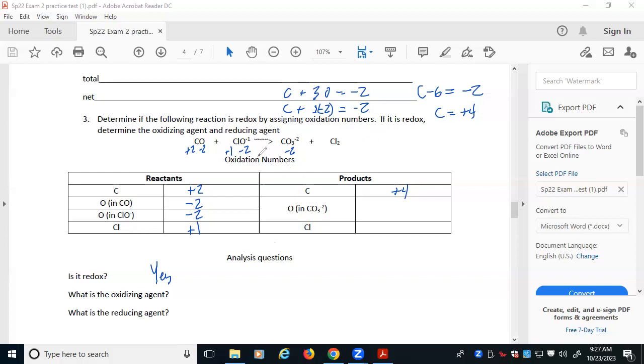The oxygen in the carbonate ion, we've already determined it's -2. That part did not change. For the chlorine, I've only got chlorine here. Chlorine by itself, the molecule is neutral. The chlorine atoms must be neutral as well.